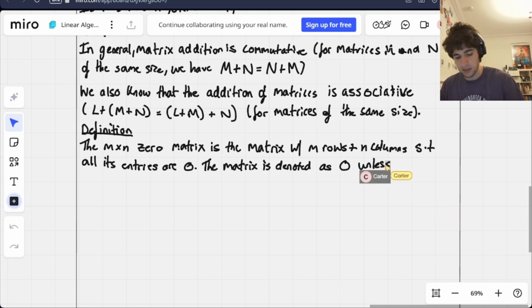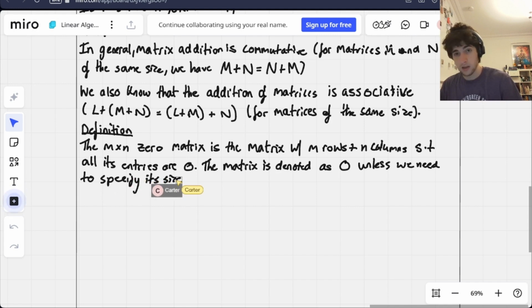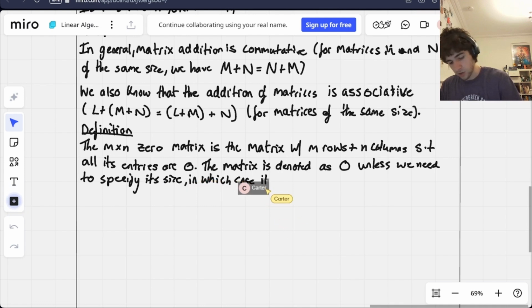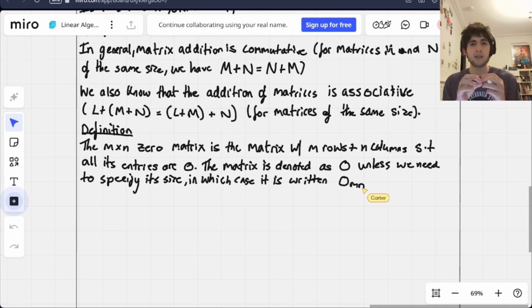Unless we need to specify the size of the matrix, in which case we denote the matrix as 0 with a subscript mn to indicate how many rows we have and how many columns we have.